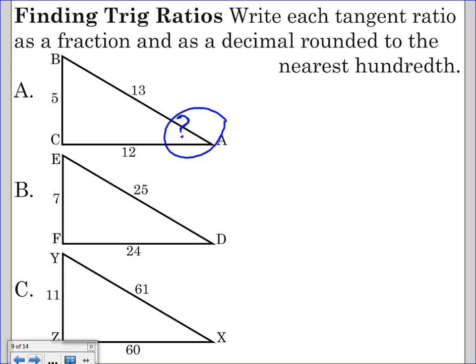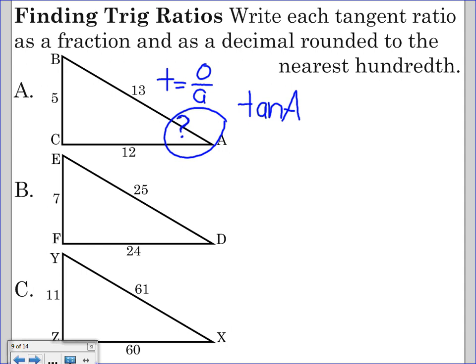Later on, we'll deal with using sides to solve for the angle. So in this one, this said to use the tangent ratio. We're going to find the tangent of A. And we just talked that tangent equals TOA. T equals O over A.